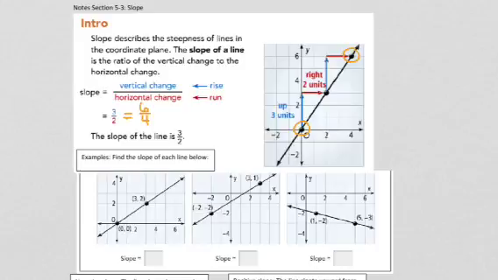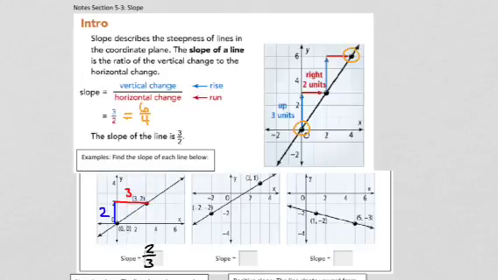So if I draw that triangle in there, I'm going to rise 2 units, and then I'm going to run 3 units. So the rise was 2, and the run was 3. So the ratio of rise to run is 2 over 3. And that is the slope of the line.